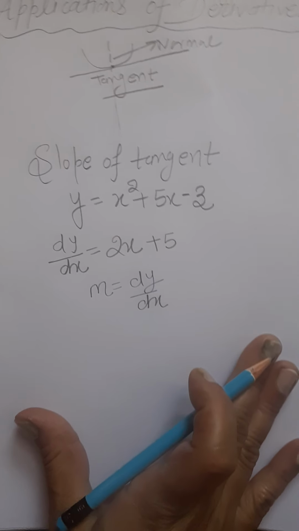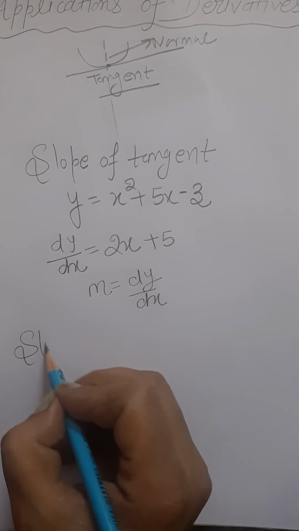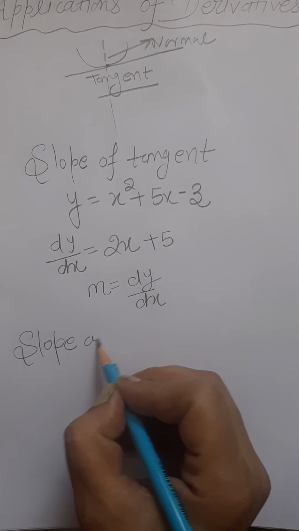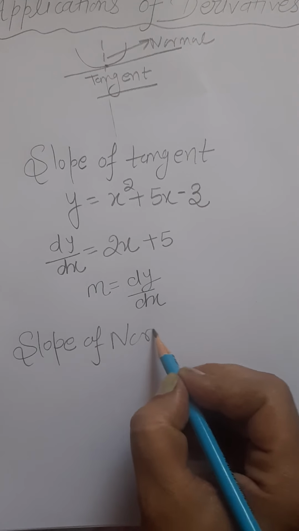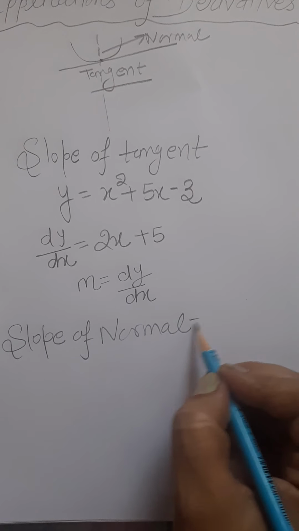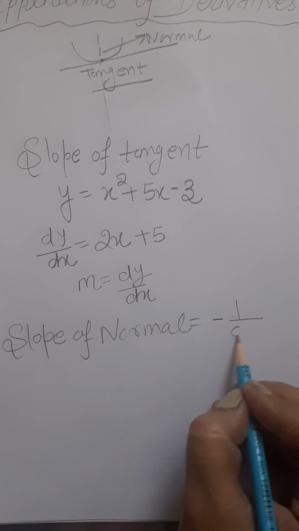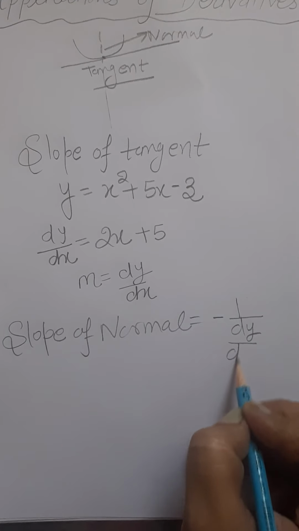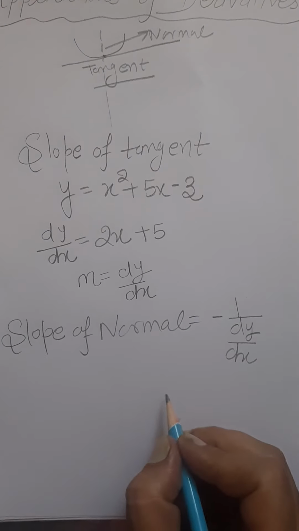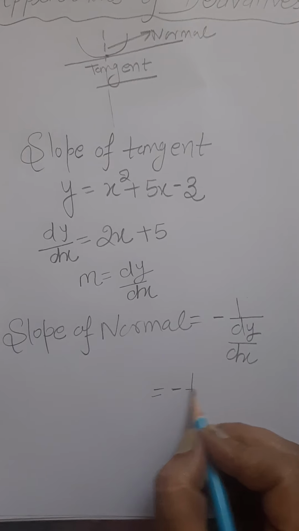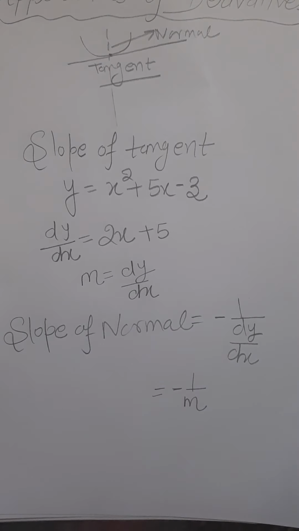Now, what is the slope of the normal? The slope of the normal is minus 1 upon dy by dx, that is minus 1 upon m. This means when we take m as negative reciprocal, it is called the slope of the normal.